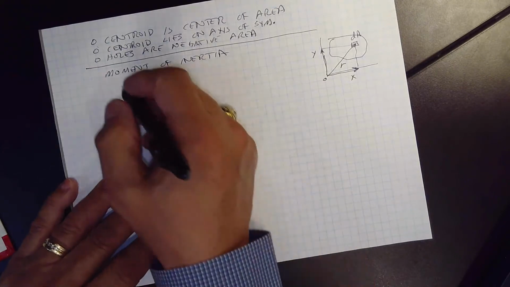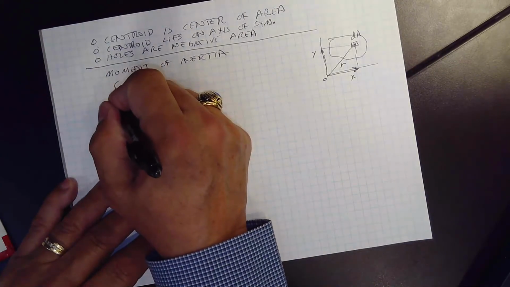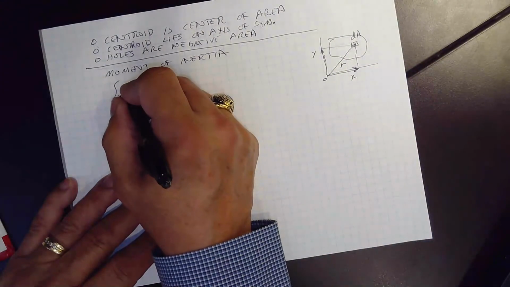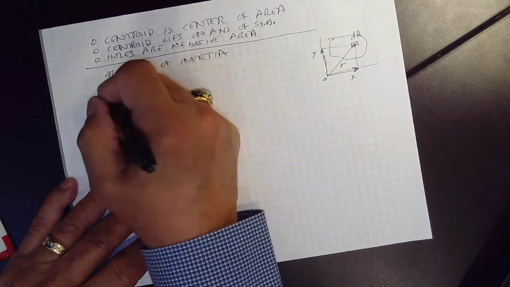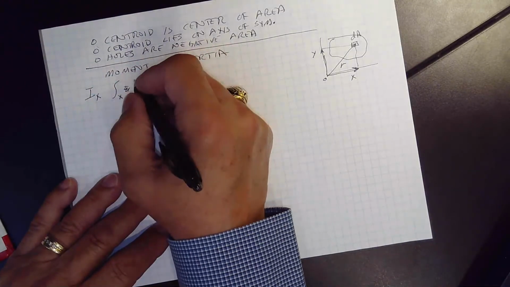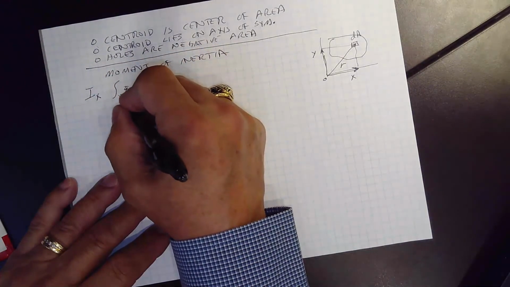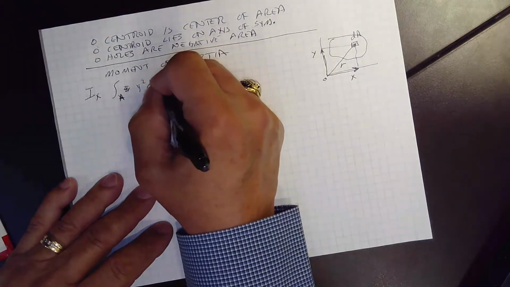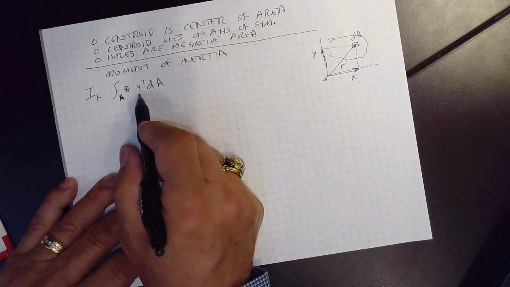Now we define the moment of inertia about the x-axis as Ix, which is the integral over the area of y squared dA. So it's the second moment.